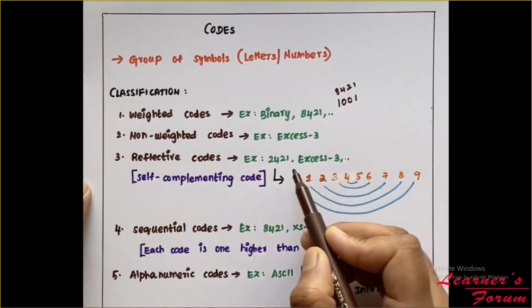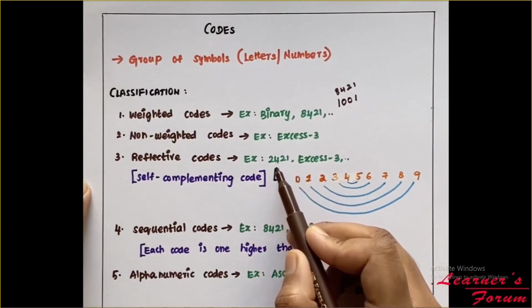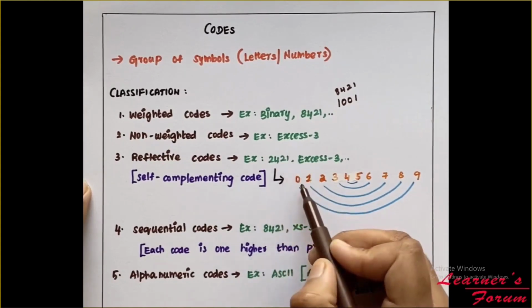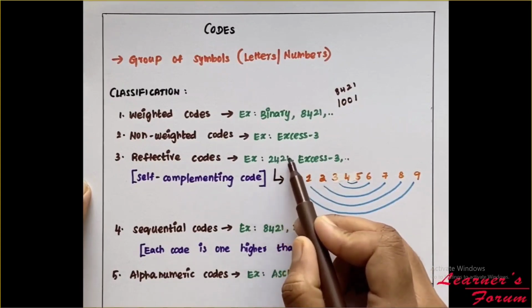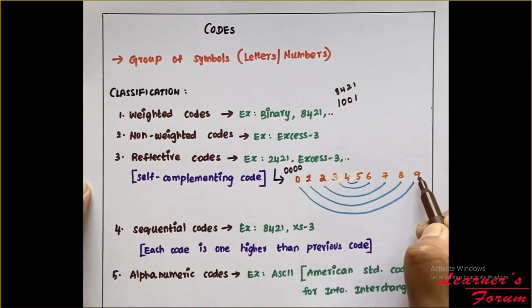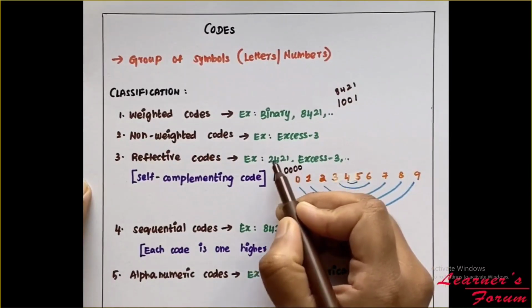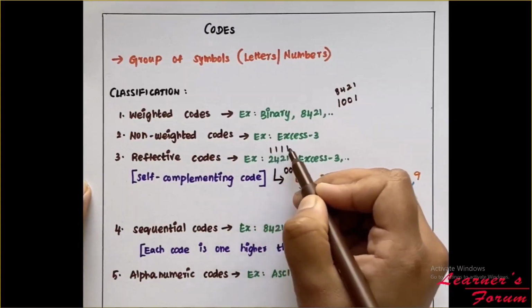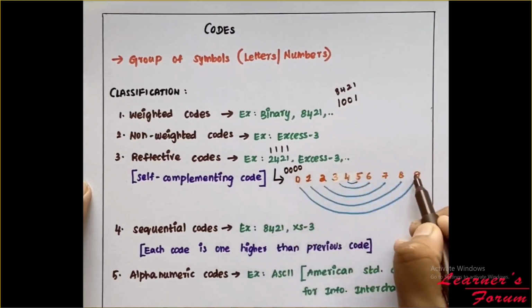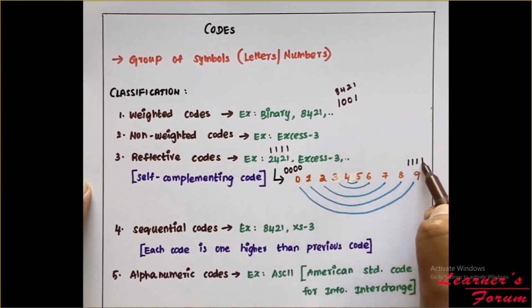That is, if you write the value in the 2421 technique, you will have a mirror image, like the pattern which is shown here. For example, it is 4 zeros for 0, and for 9 it is 2 plus 4 plus 2 plus 1, which is 4 ones. So that is for 9.